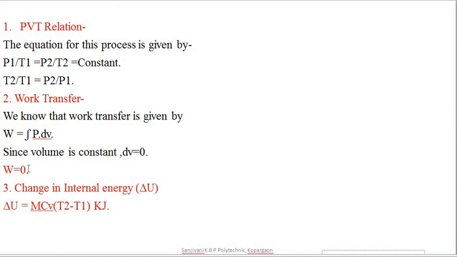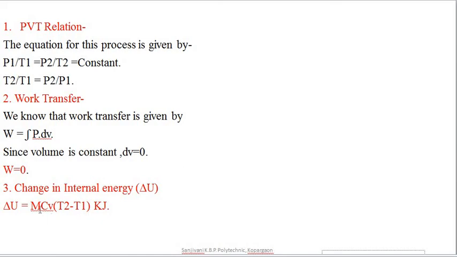Now the third point is the change in the internal energy of the system. The internal energy change for all the gas processes is given by a single equation: delta U, which stands for the total change in internal energy, is equal to m into Cv into (T2 minus T1).